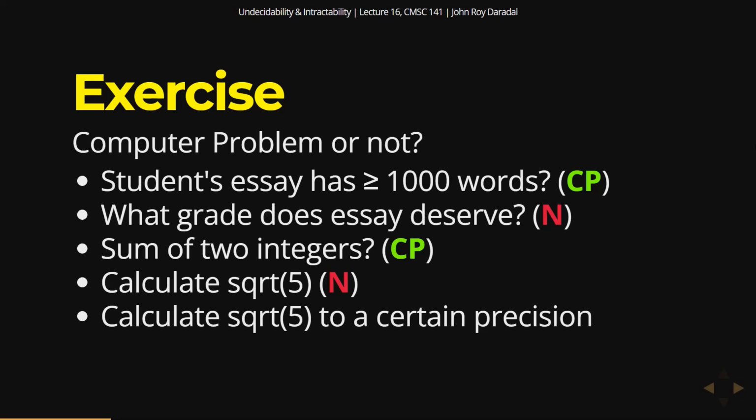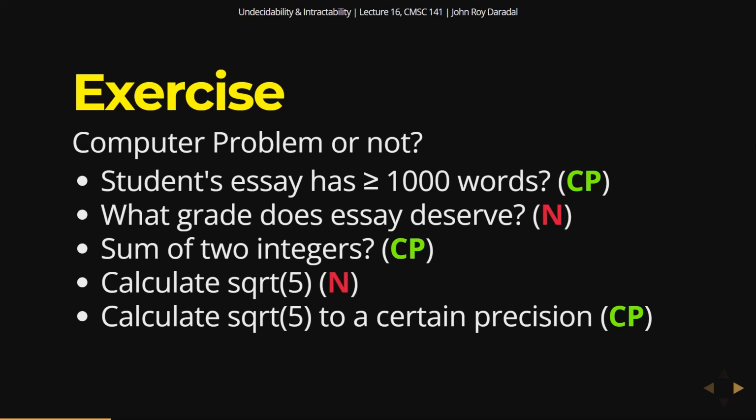Okay, but how about if we ask, can you calculate square root of 5 to a certain precision? Well, now this one is a computer problem, because you're only asking it to compute up to, say, 5 decimal places or 10 decimal places.